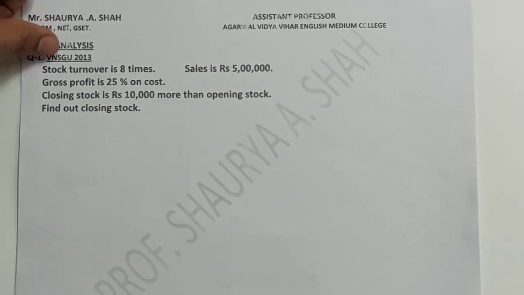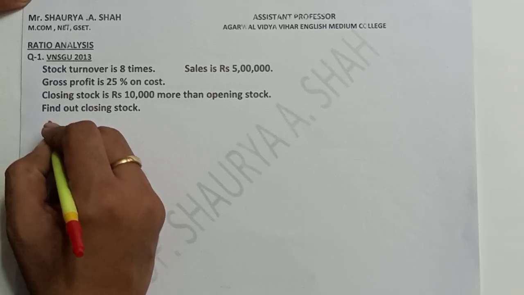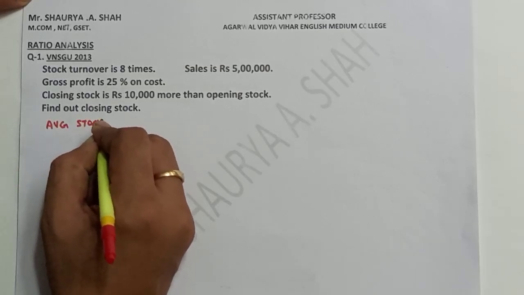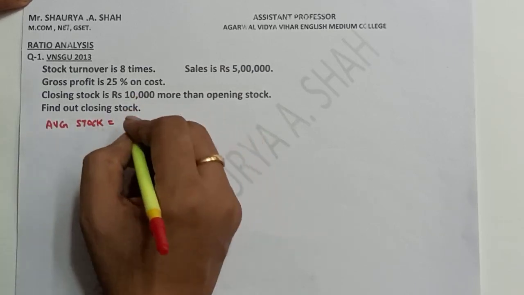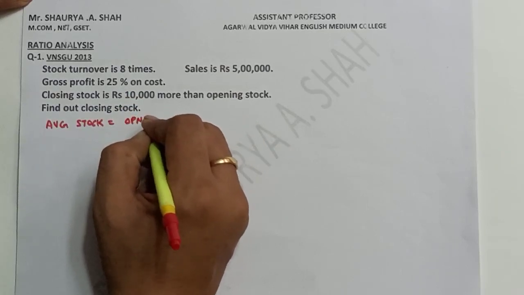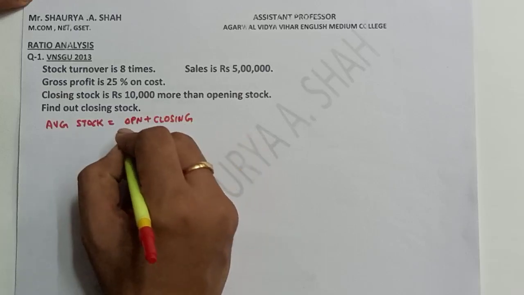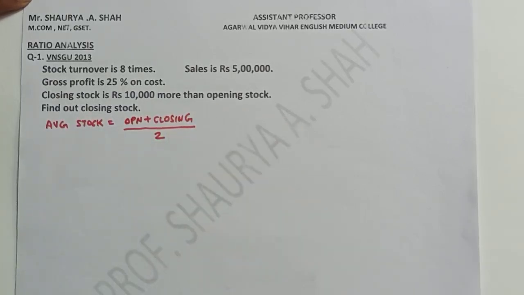So first I'll assume my closing stock, whatever is given. Closing stock, students, is 10,000 more than the opening stock. So first I'll start with average stock is equal to opening plus closing divided by 2. So you are all aware of this formula, students.